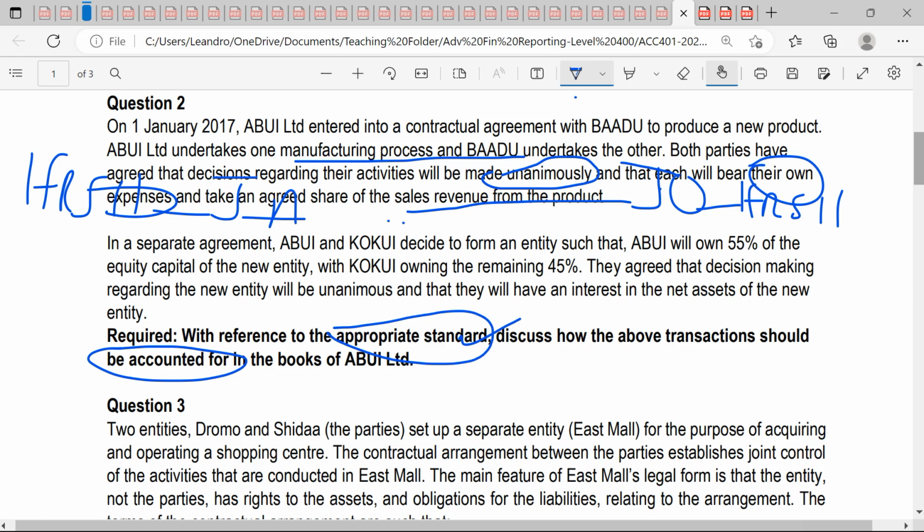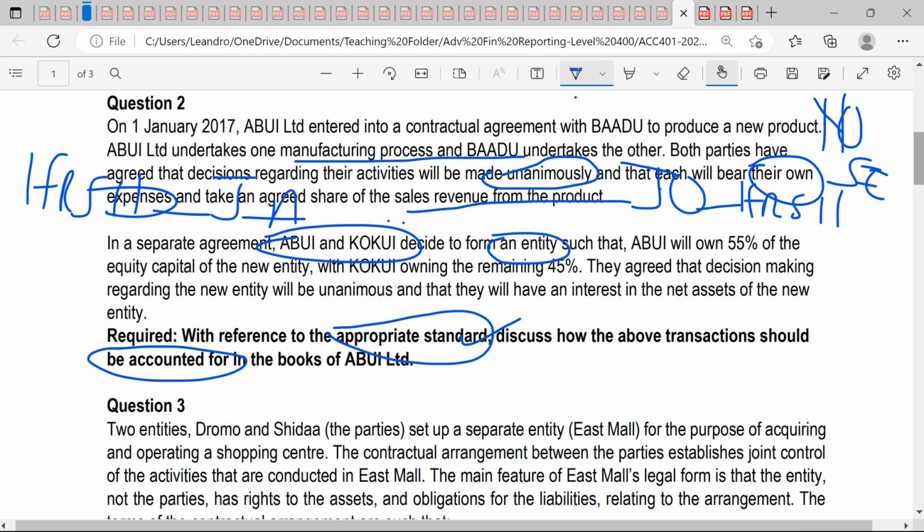In a separate agreement, Abui and Kokui decide to form an entity. Now, the presence of an entity does not mean anything as far as the issue is concerned here. Since there is no separate entity, sometimes they call it separate vehicle, it is surely a joint operation.